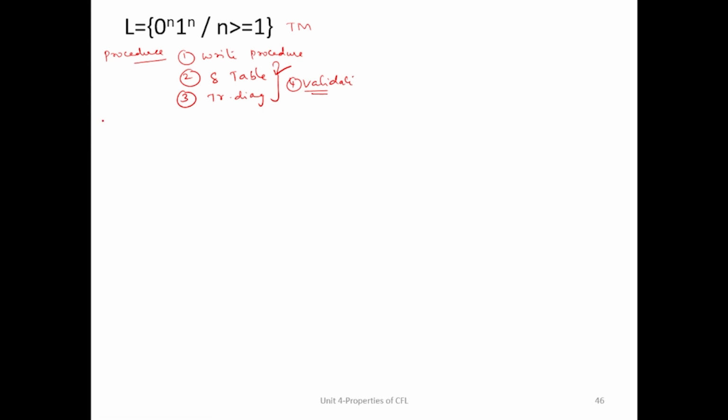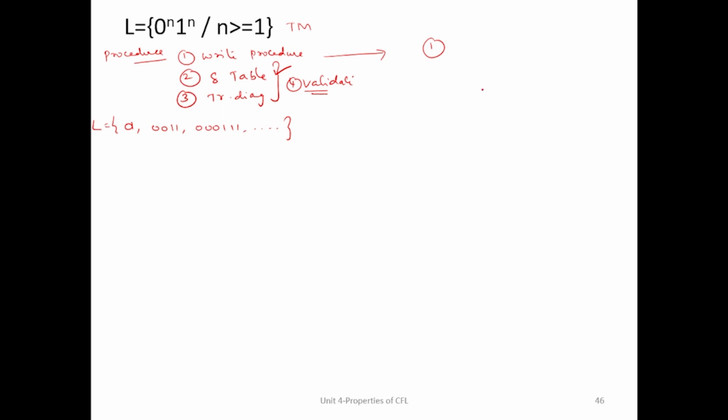So here, consider the L value. The set of strings are 01, 0011, and so on. What is the procedure? I think about the main logic for construction of the Turing machine, in which all the strings contain an equal number of zeros and ones.